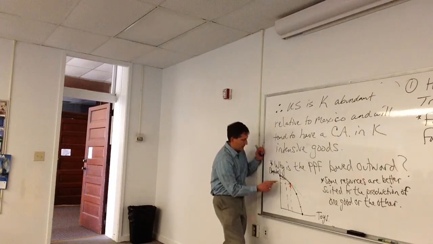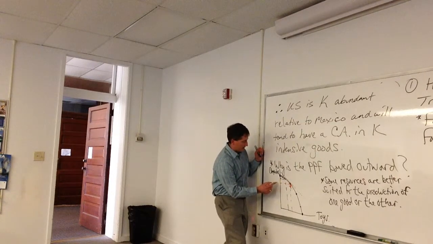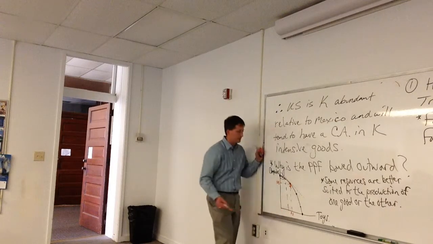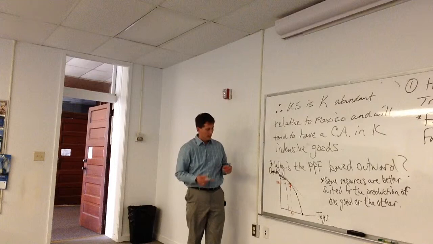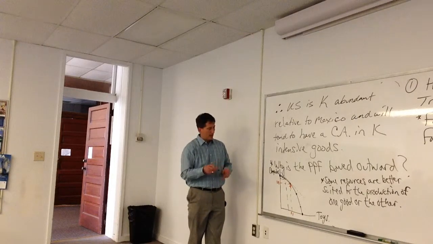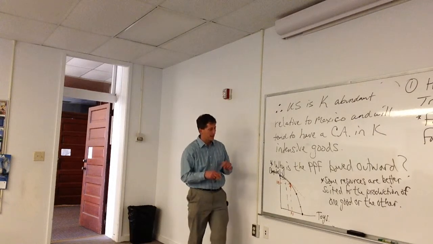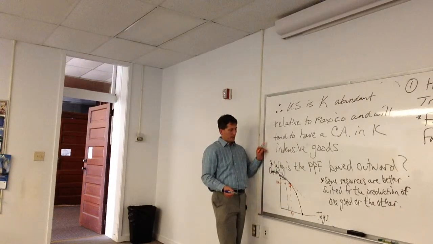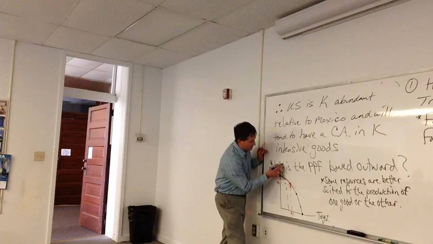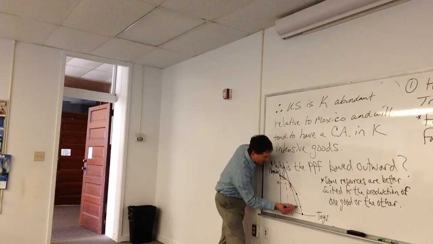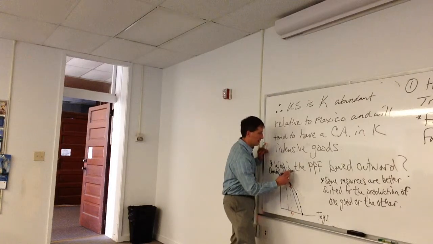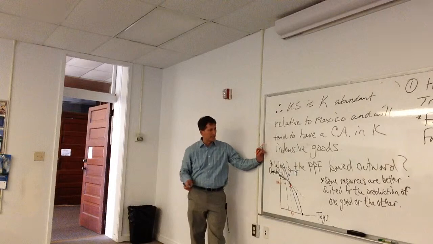If we're at this quantity of 100 computers and 60 toys, and the terms of trade, if that was a slope of 4, if the terms of trade are 7, so imagine a terms of trade line like this. So this is the terms of trade, TT.